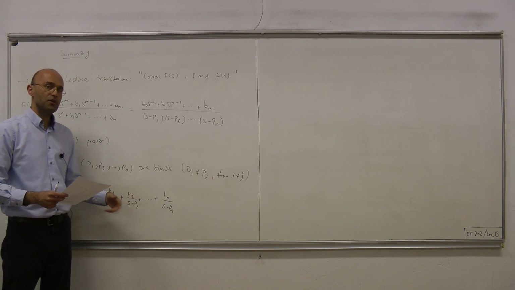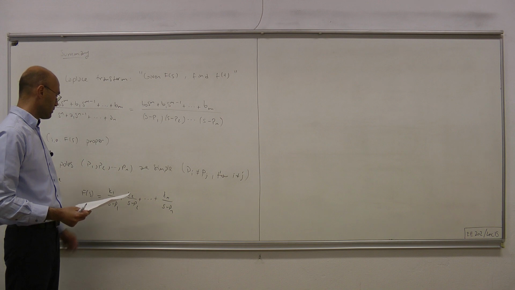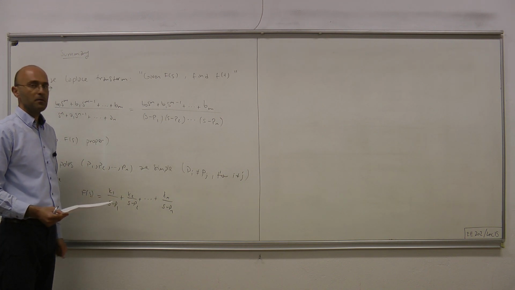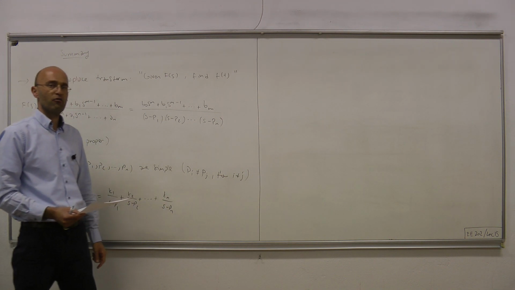And these scalars, possibly complex, are called the residues of the poles. So kn is the residue of pn and so on.